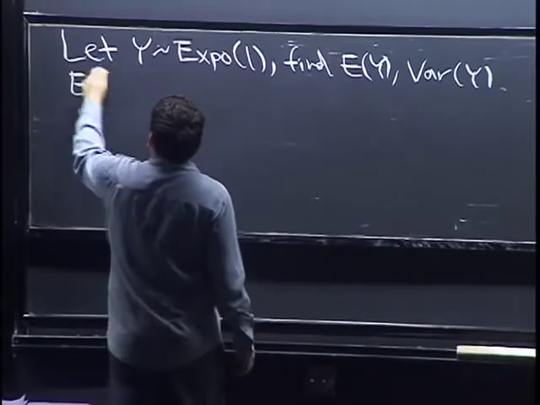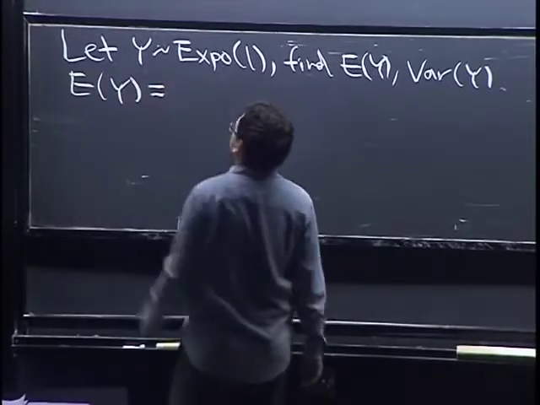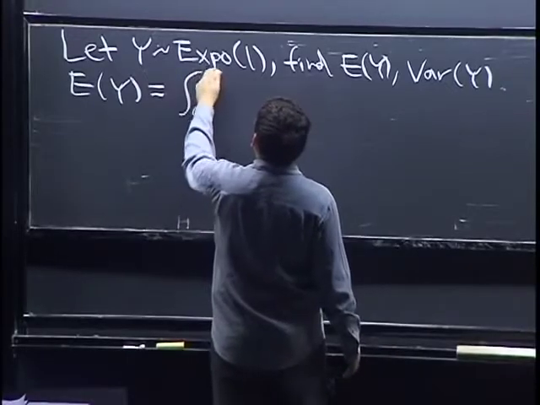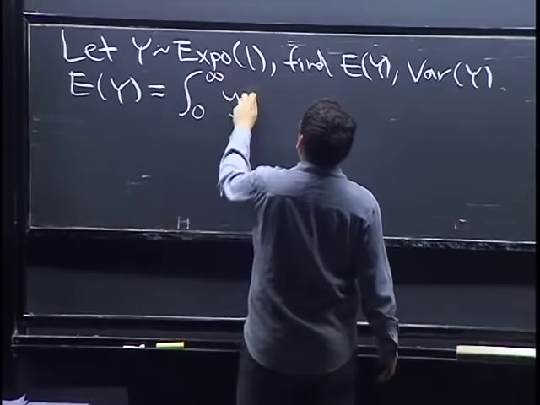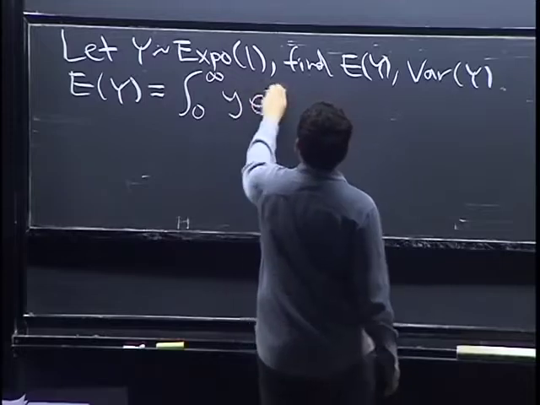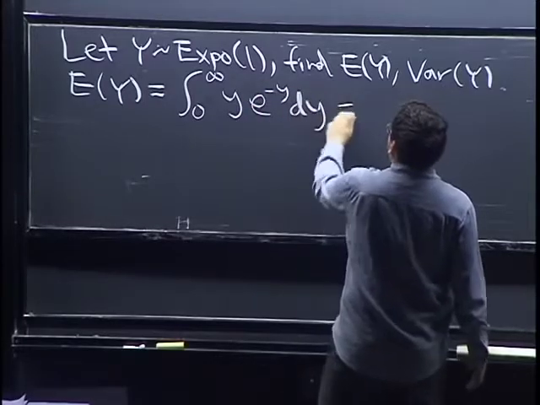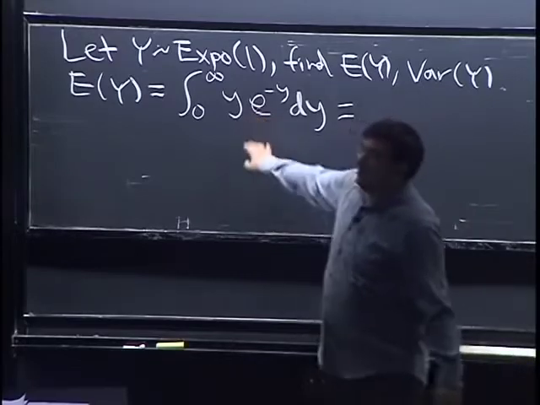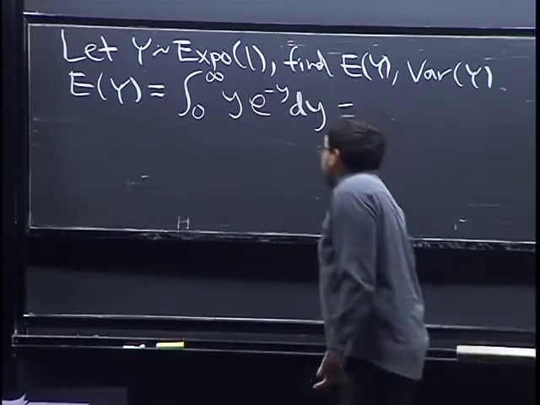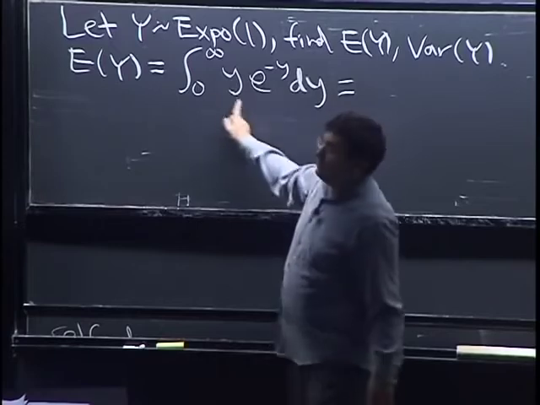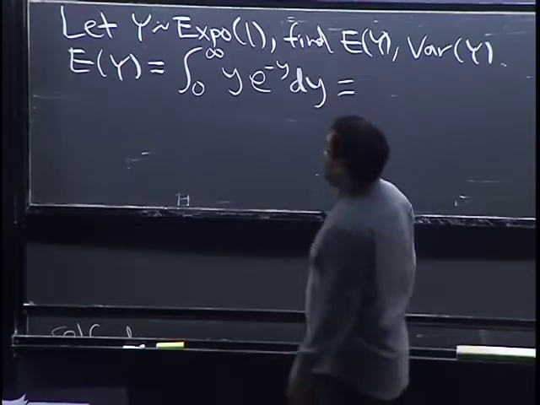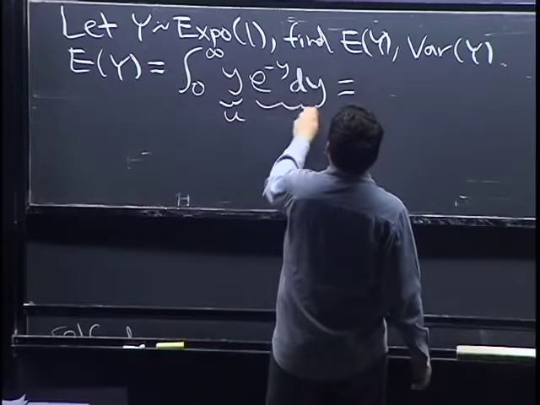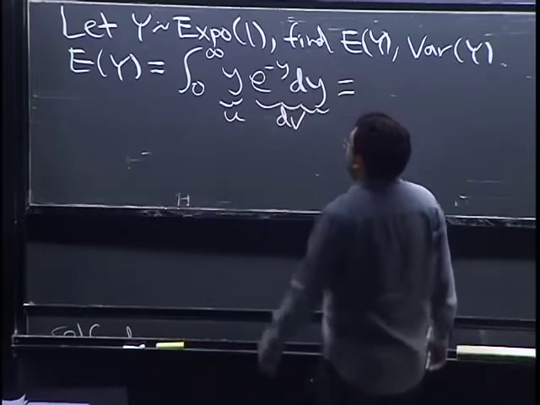Just by definition, the expected value of Y is the integral of y times the PDF, e to the minus y dy. Now this is a very standard integration by parts. This is the kind of integral that you would see in AP calculus when you're learning integration by parts. So all we have to do is let u equal y and let dv equal this part.